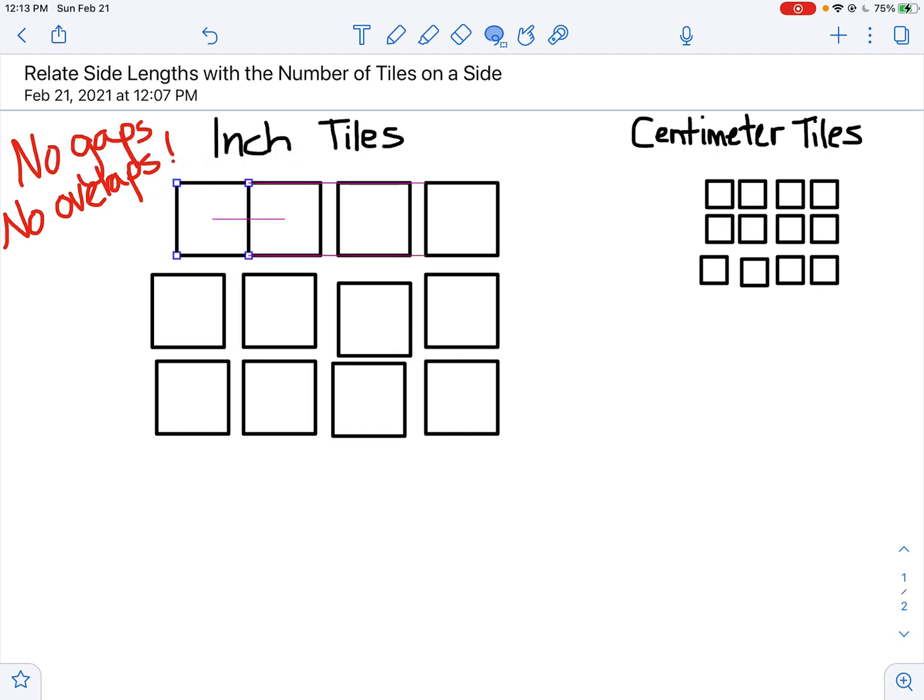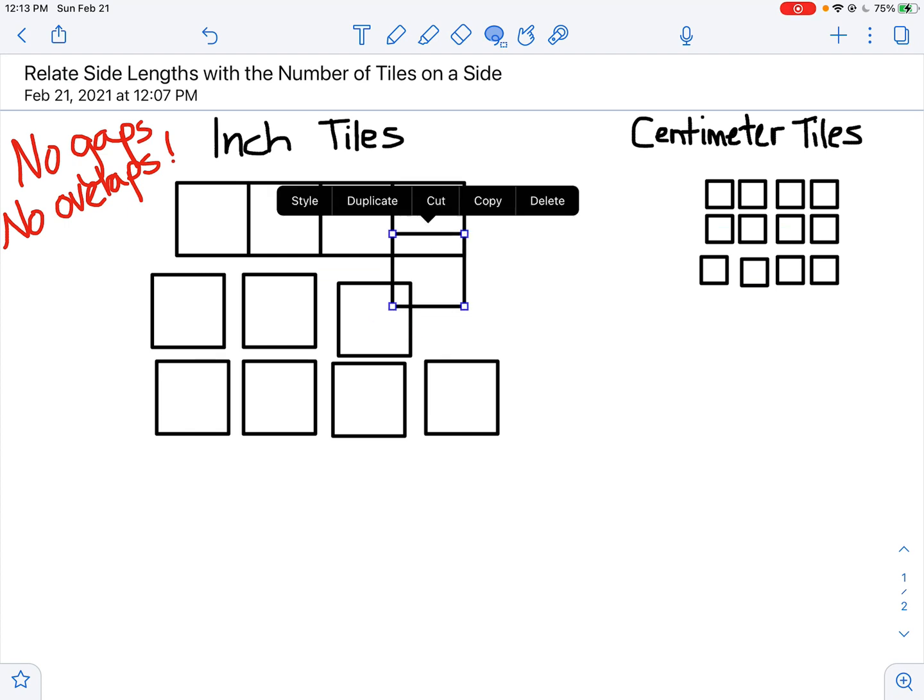So what I'd need to do, and this takes a little bit of time, is take each of my square tiles, and I'm going to have to scooch them so that they are not overlapping. I don't want this. That doesn't work. But I also don't want the gaps.